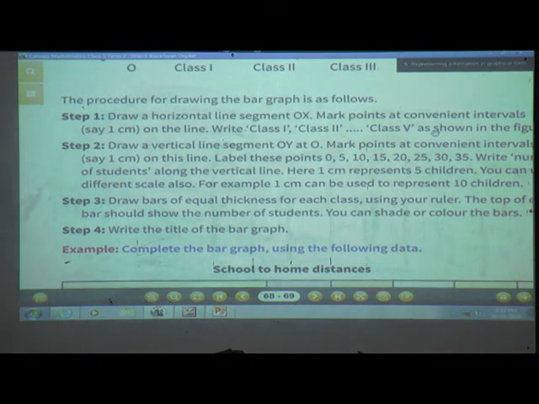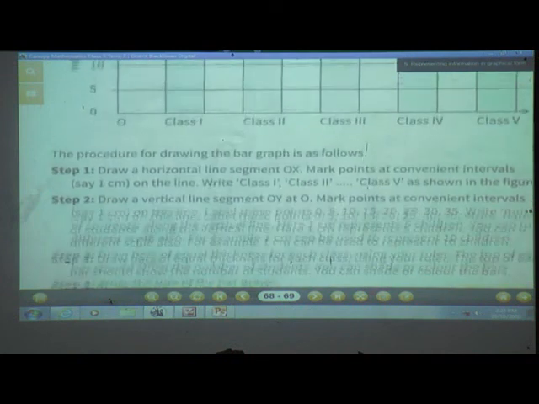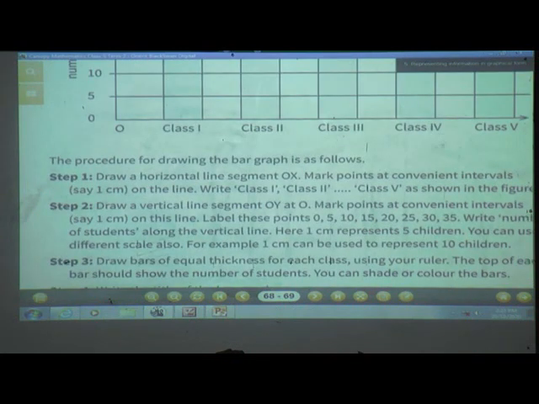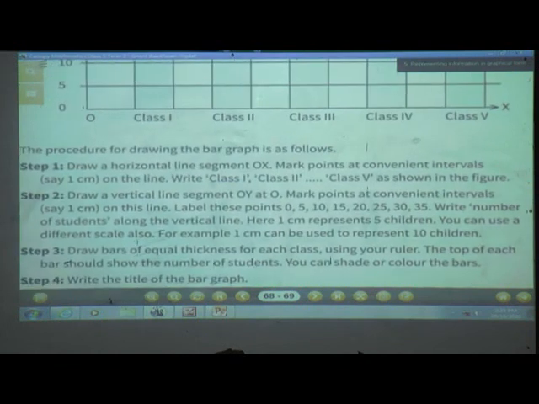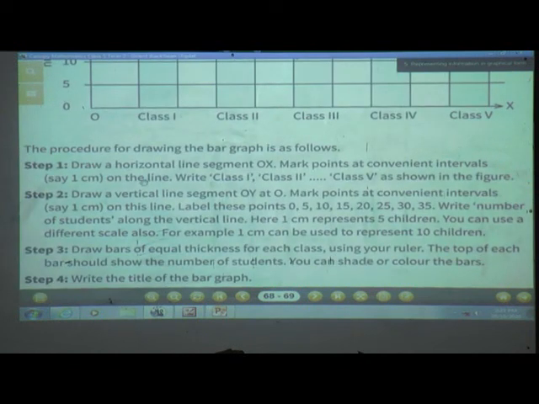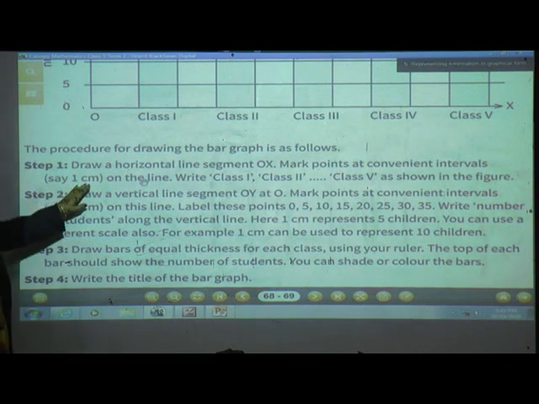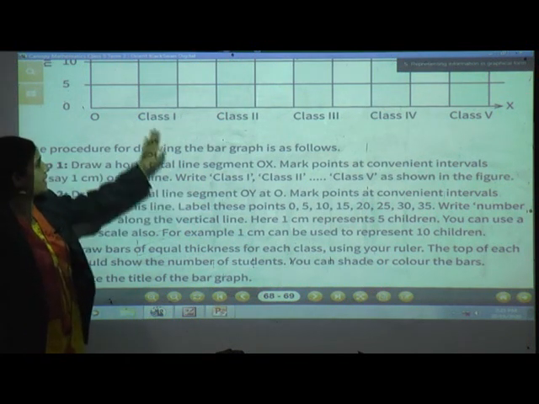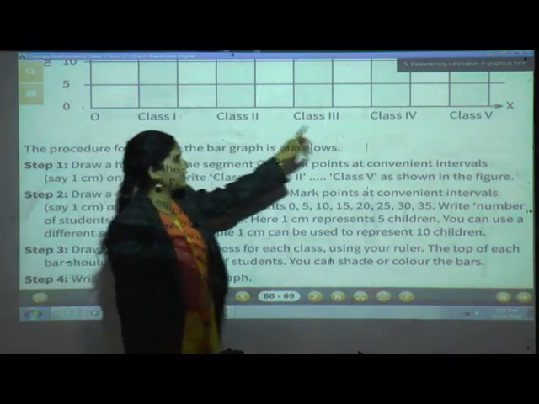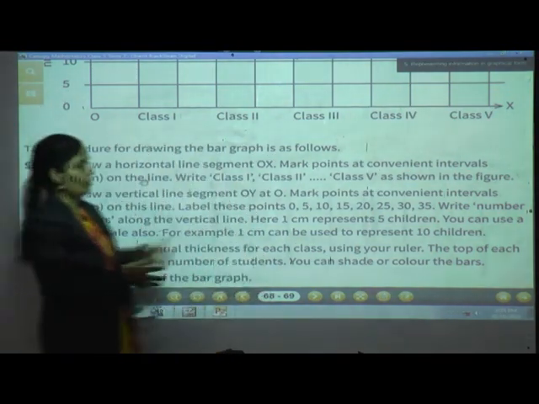Draw a horizontal line segment OX. See here, horizontal segment OX. Mark points at convenient intervals, say 1 centimeter. This 1 centimeter is a scale, okay, on the line here, and write class 1, class 2 till class 5 as shown in the figure.